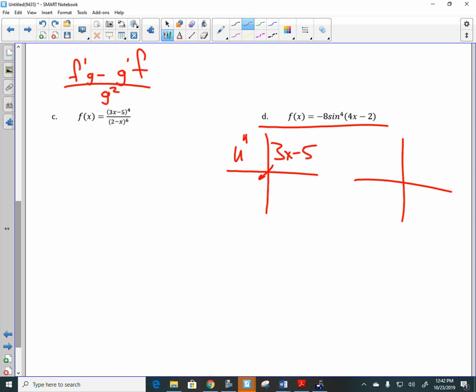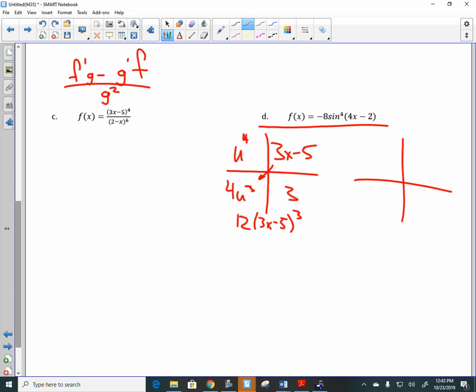So I'm finding the derivative of the top right now, Marty. u to the fourth. Derivative of u to the fourth, 4u cubed. Derivative of 3x minus 5. Multiply them together. 12u to the third. Or 12 times 3x minus 5 raised to the third power.